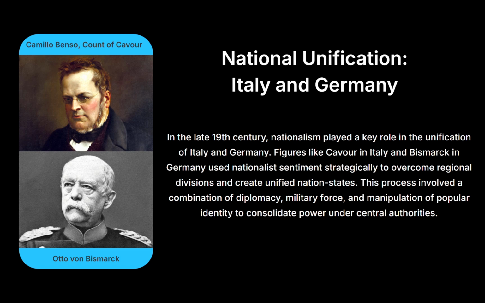Wars, diplomacy, and manipulation produced unified states of Germany by 1871 and of Italy. But these successes also intensified rivalry and militarism in Europe. By the late 19th century, nationalism had become both a creative and a destructive force.